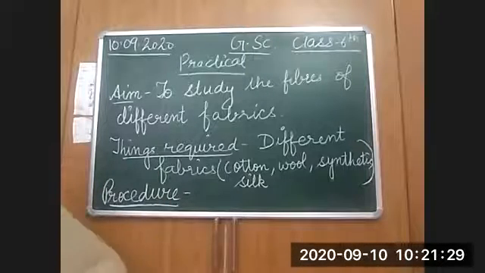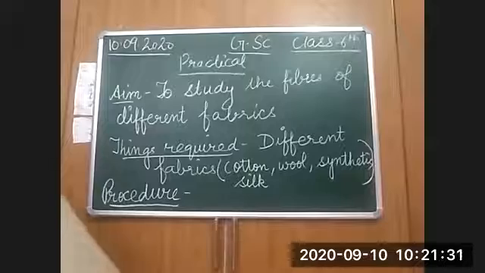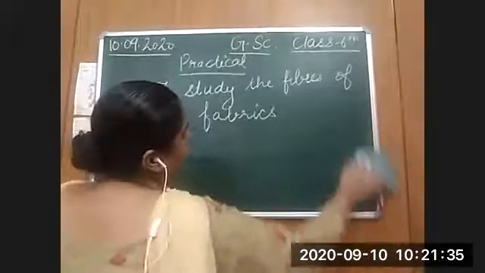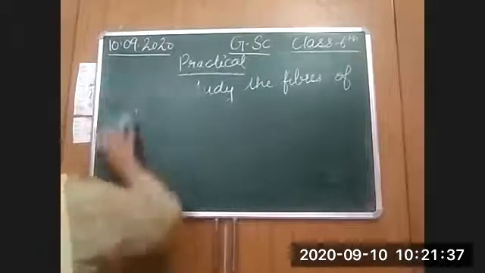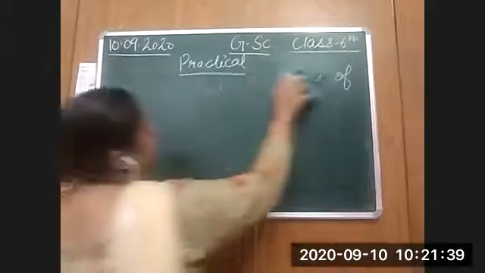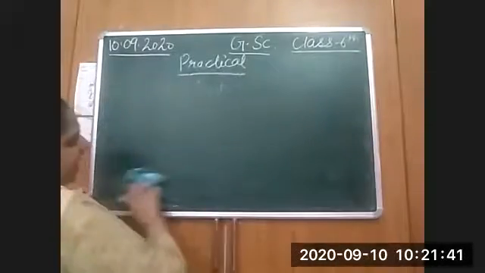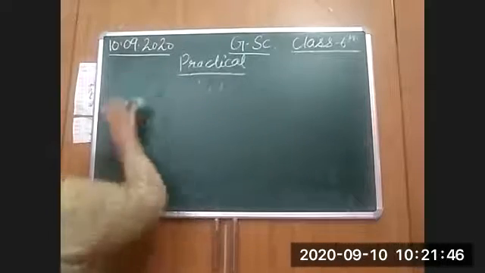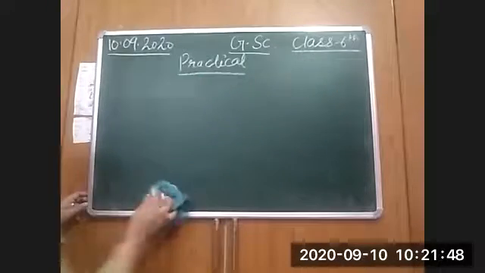After this, coming to the observation, here you have to draw the observation table. आपने दो प्रोसीजर्स करने हैं, दो चीजें आपने चेक करनी है. One is softness and the other is when you bring it near the candle flame, whether it smells or not.